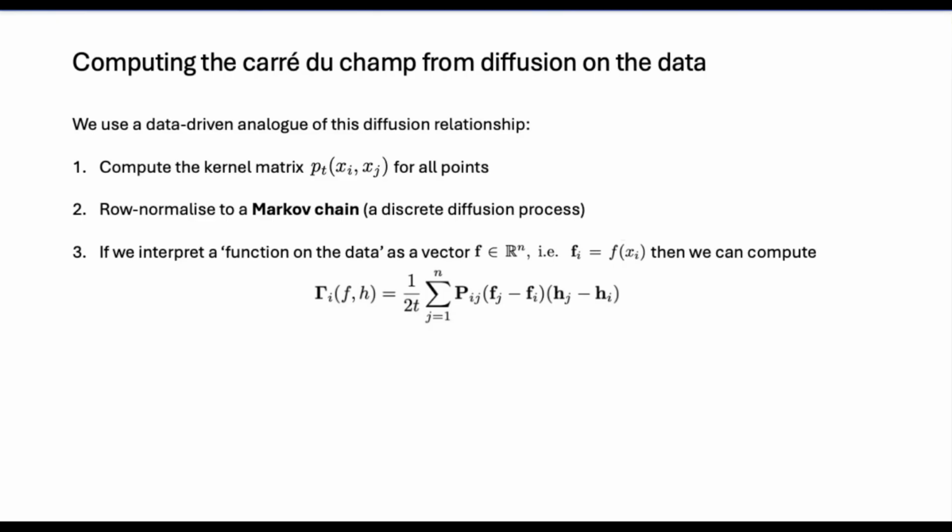But the point is that here we can take a couple of functions and evaluate their carré du champ in this way. Does that make sense as an approach? This is what we're going to be using throughout this process.